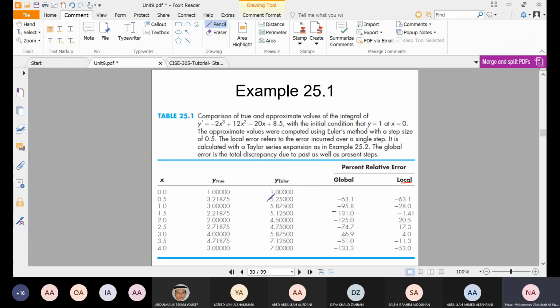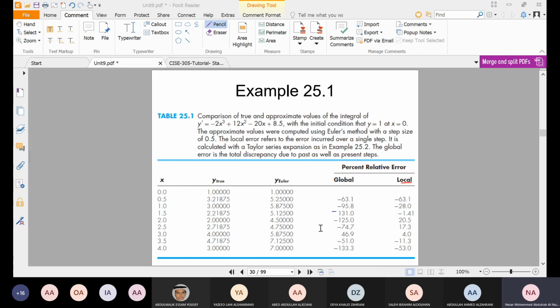So if you take this one over this one, for example, for the first step, the second row, when x equals 0.5, you find the global error is equal to minus 63.1. Okay, this is the global error. How can we compute this value?